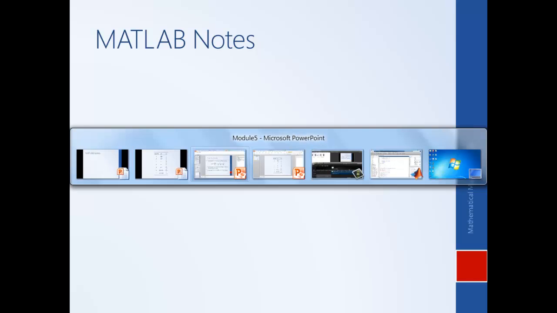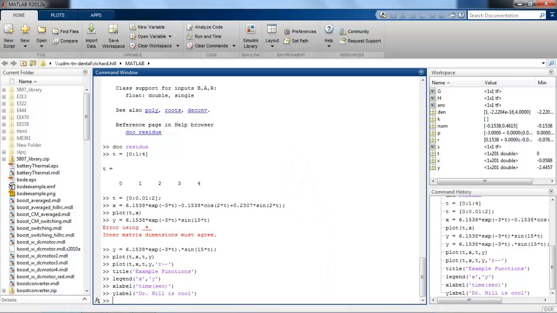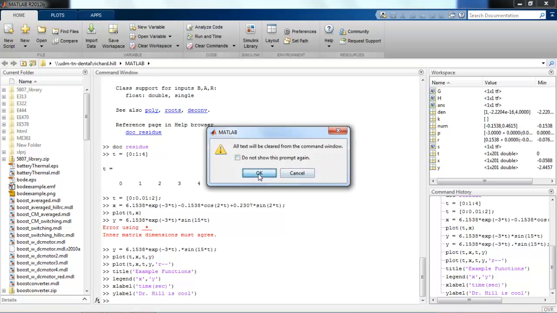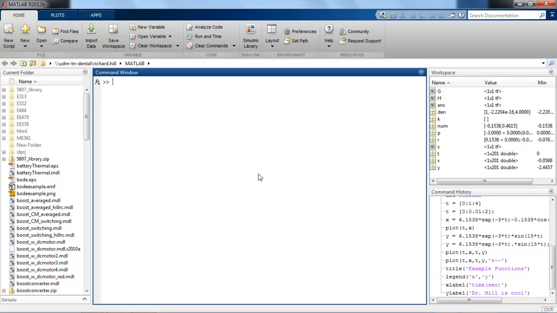We will now return to MATLAB and show a couple of MATLAB commands for determining time response of a system. So here's MATLAB again. We still have all of the commands from previously. I'm going to go ahead and clear all of that text to make things cleaner.